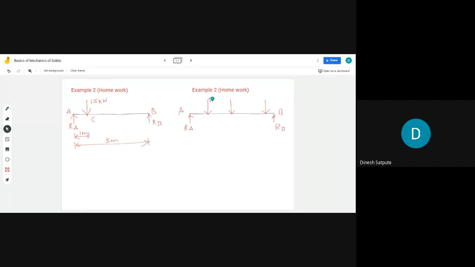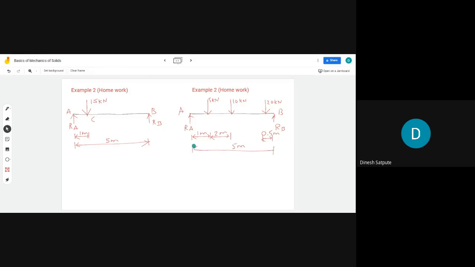Five kilonewton, 10 kilonewton, 20 kilonewton. 1 meter, 2 meter, 0.5 meter. Total is 5.